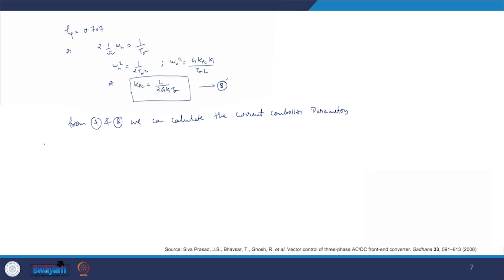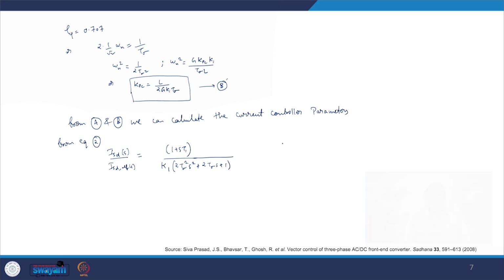To do this, from equation 2 we can just write ISD(s) by ISD reference to be equal to (1 + sT1) divided by K1 multiplied by (2 T sigma squared s square + 2 T sigma s + 1).